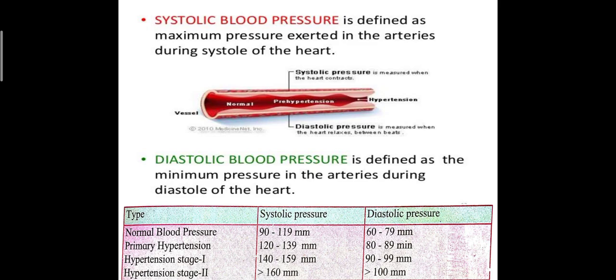Hypertension stage 1 is approximately 140 to 160 millimeter systolic pressure and 90 to 99 diastolic pressure. And hypertension stage 2, that means very high blood pressure, is greater than 160 systolic pressure and greater than 100 diastolic pressure.